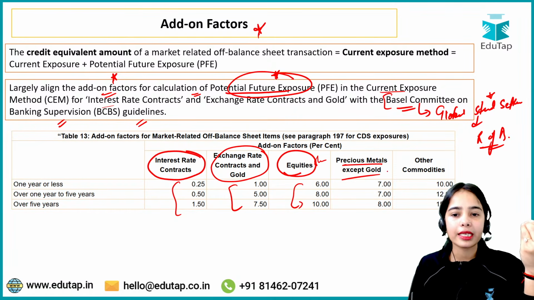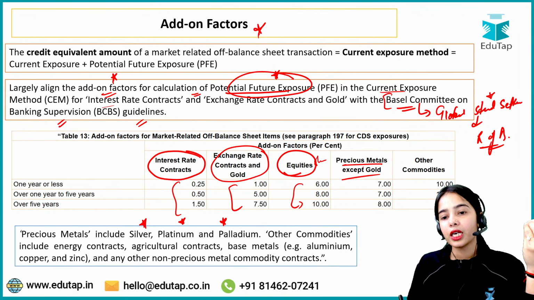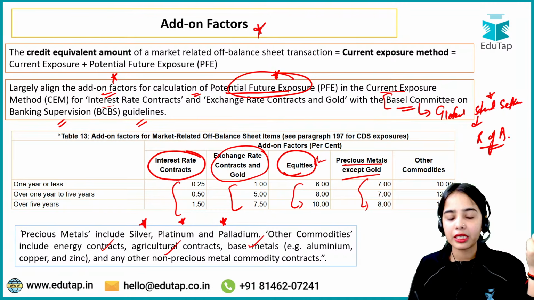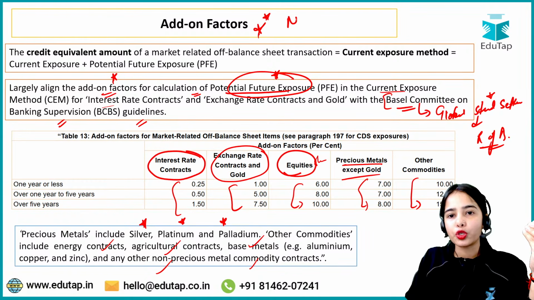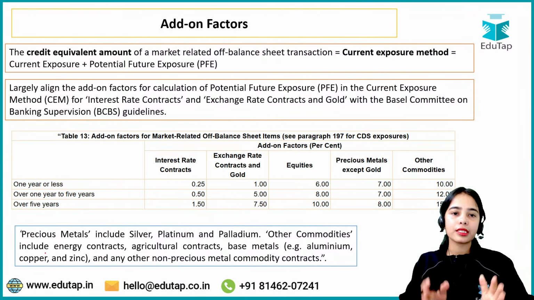For the precious metals except gold, meaning silver, platinum, palladium, these are the add-on factors. And for other commodities like agricultural contracts, energy contracts, base metals like aluminum, copper, zinc, and any other non-precious metal commodity contracts, these are the add-on factors. Add-on factors multiply with the notional value to calculate the potential future exposure. So this is the basic idea.